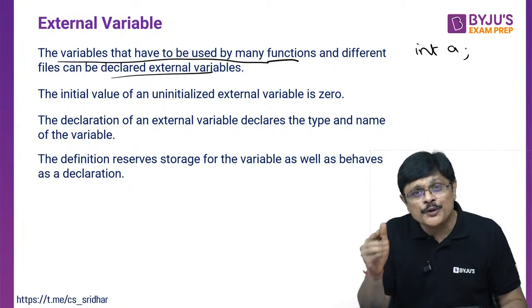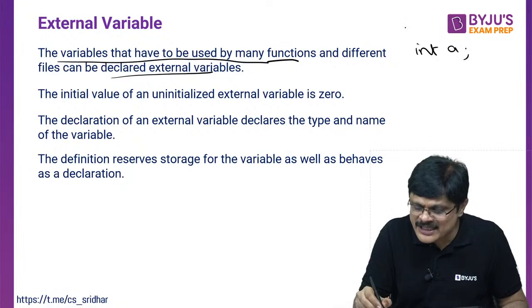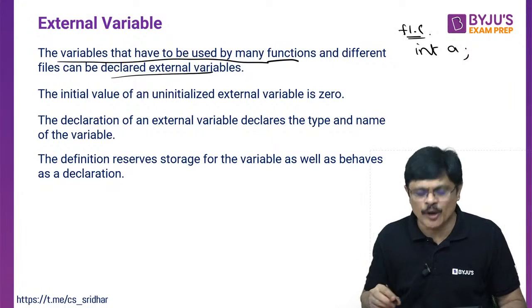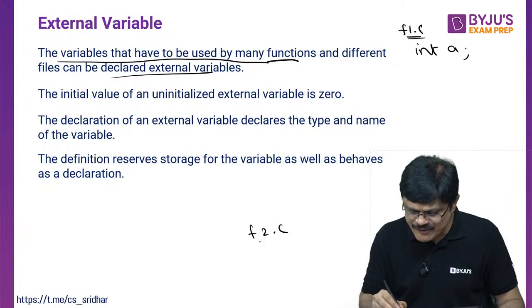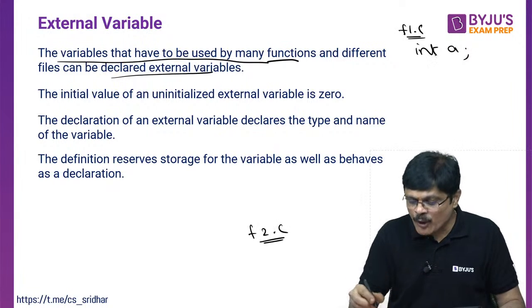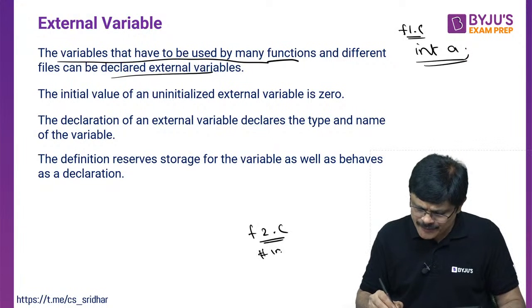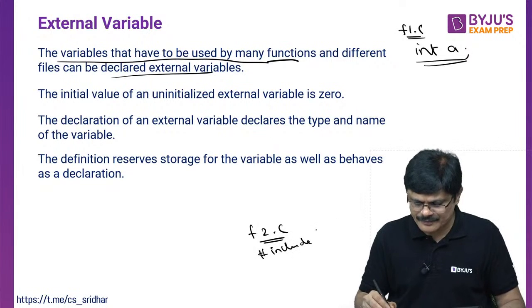Suppose you want to use this in some other file. For example, this file name is file1.c, and I want to use this variable in file2.c. Of course, I have to include this file1.c.